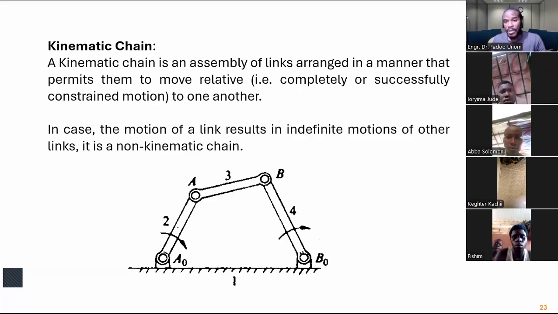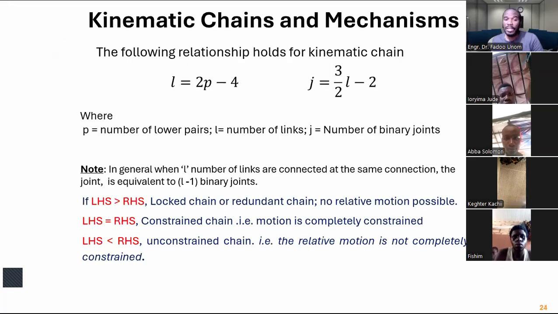So there are a few relationships that hold true for kinematic chains. In fact, we use them to check if a given assembly of links is a kinematic chain or not. These are the two equations that we check.